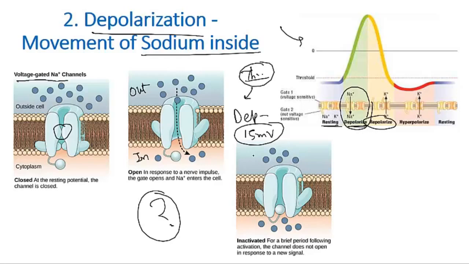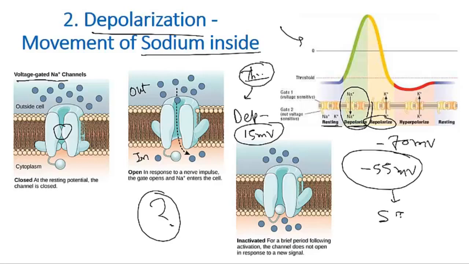So action potentials always have the same amplitude and the same duration. Normally the membrane potential is minus 70 millivolts, and with a change of 15 millivolts, it gives us minus 55 millivolts. That is the membrane potential at the depolarized threshold that allows the action potential to start.